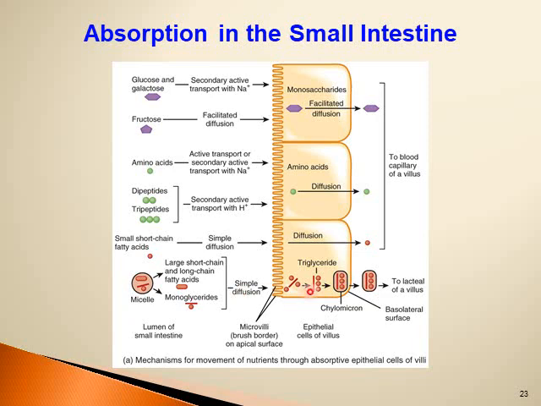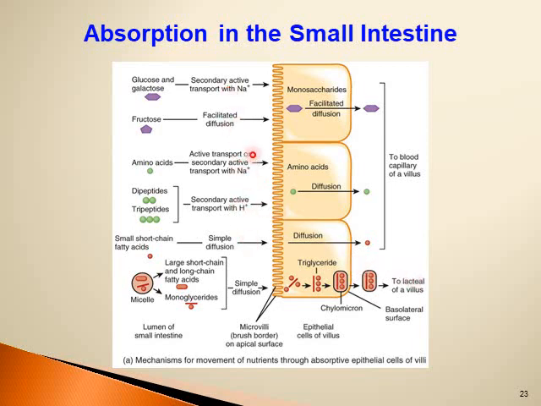As you notice, the fatty acids and monoglycerides will enter the enterocytes by simple diffusion. They will assemble to form chylomicrons that will leave the cell by exocytosis, and they will enter the lacteals, the lymphatics that are present in the villi.